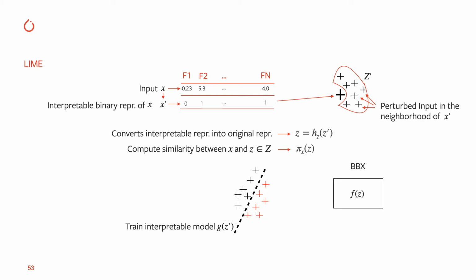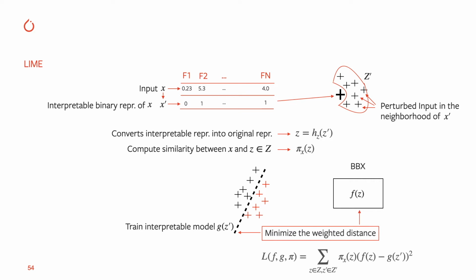On one side, we have the interpretable model G of Z prime, and on the other side, we have our black box model F. So our goal is to minimize the weighted distance between the black box and the interpretable surrogate linear model.